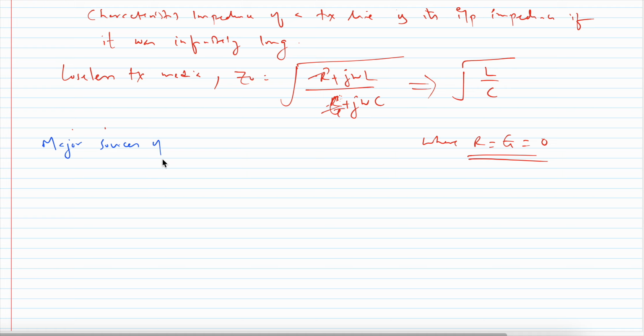Major sources of losses in transmission line. Why the message gets lost: one is copper loss, I square R, due to resistance.